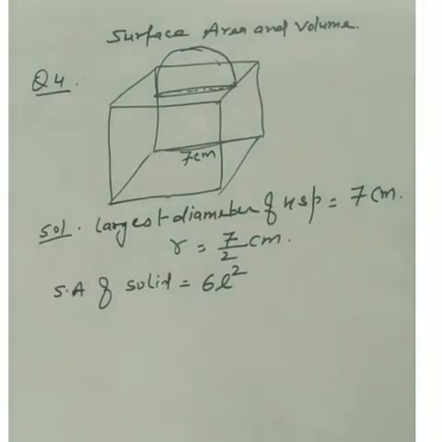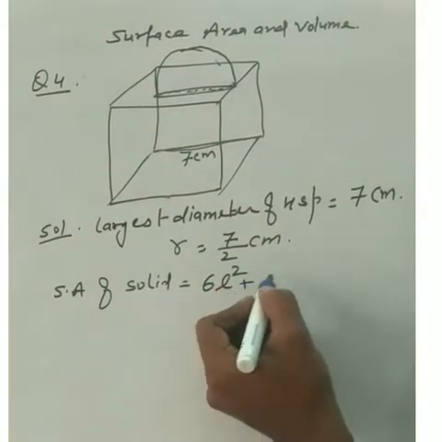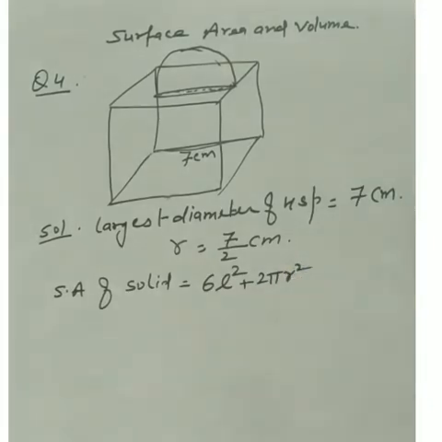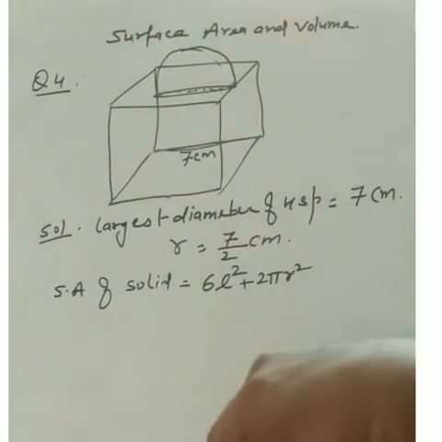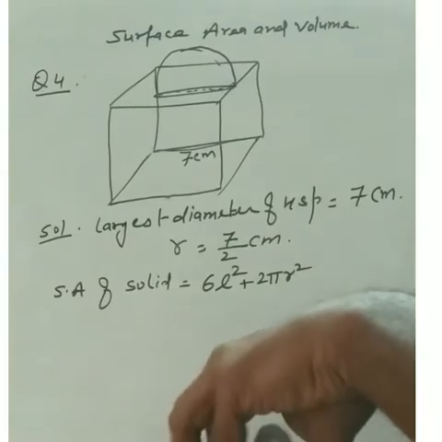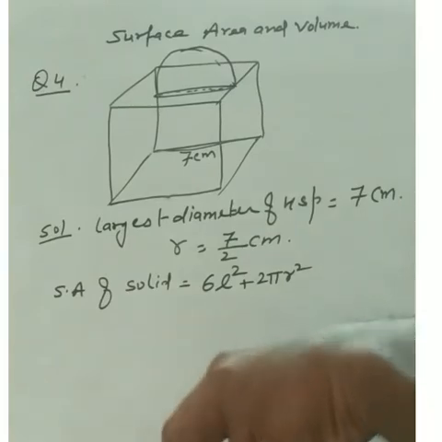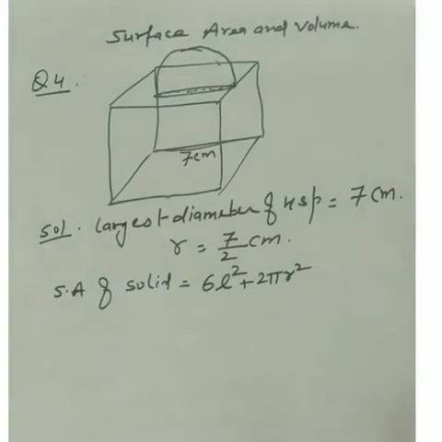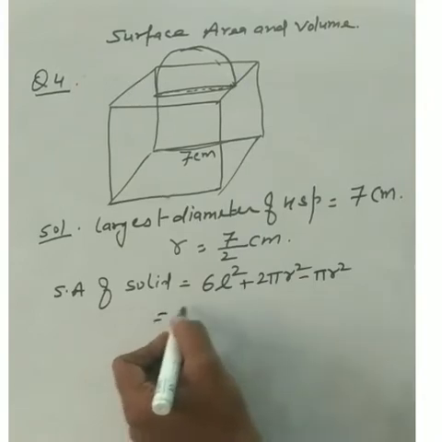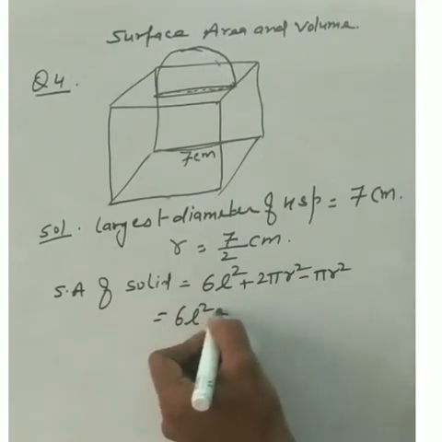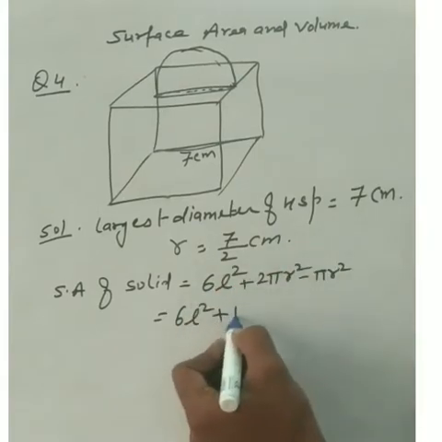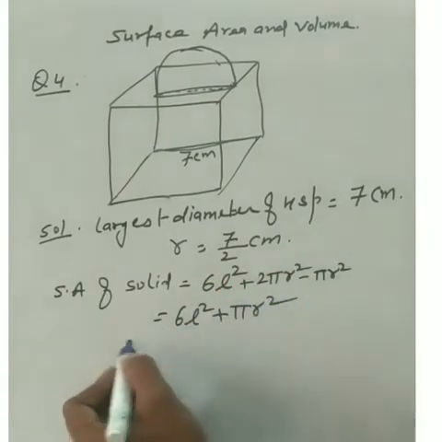So CSA of hemisphere, that is 2 pi r square. Now when we place this hemisphere on the surface of the cube, this circle inside the hemisphere is not visible. So we have to remove this circle, minus area of circle. So it is 6L square plus 2 pi r square minus 1 pi r square, that is pi r square.